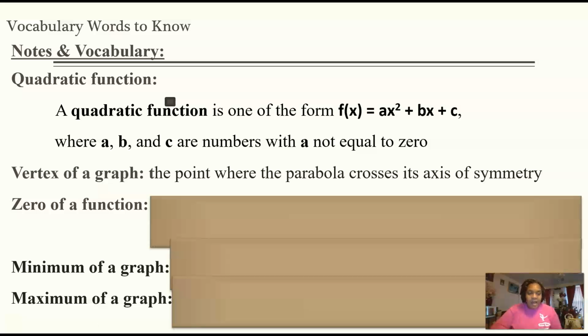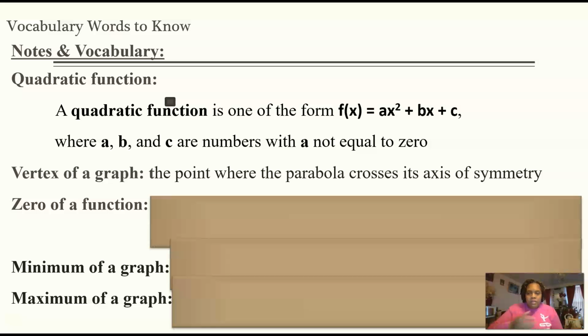So C does not have a variable. A and B are constants or coefficients with the variable. And what makes this a quadratic is the x squared. So when you see an equation or a function written with x squared, it's a quadratic.